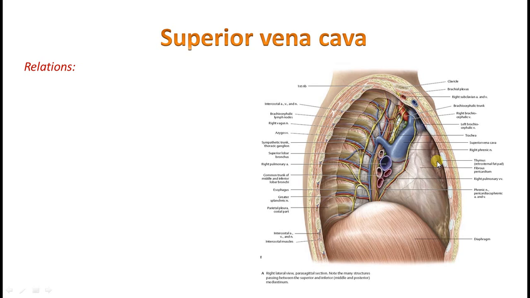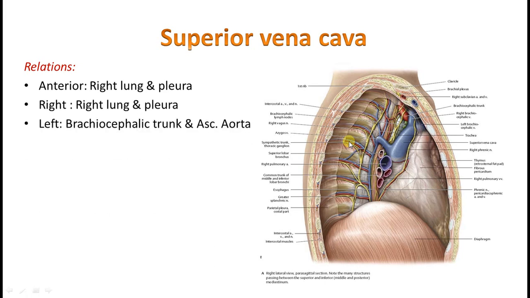Then in the lower part, it will be related to the root of the right lung. Behind, the posterior relations: in the upper part, it will be related to the trachea, right vagus nerve, and also the right lung. Anteriorly, it is the right lung and the pleura.